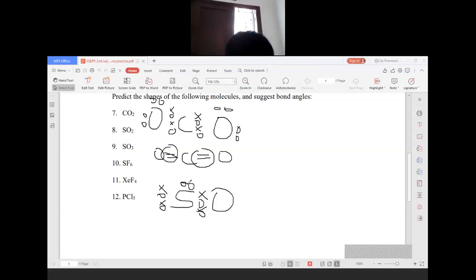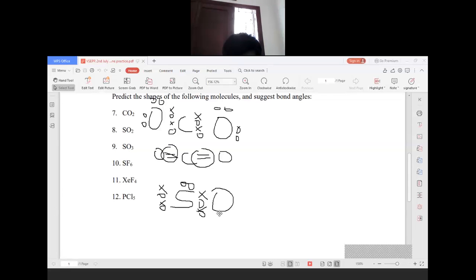But with this kind of structure, the double bond is sharing between the s orbital and p orbital of the same 2 atoms.